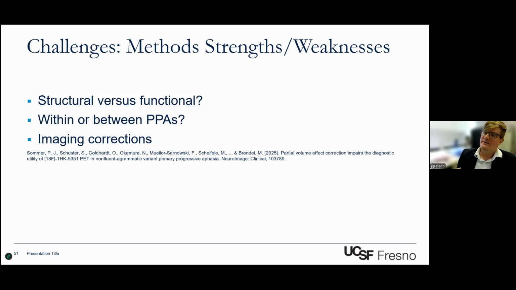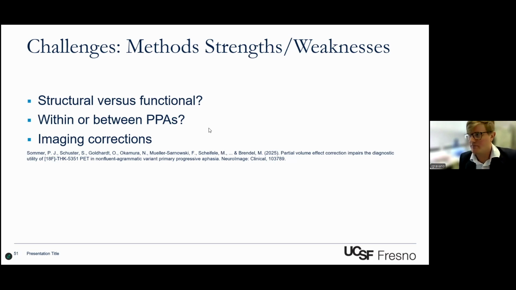Next is that within versus between challenge of primary progressive aphasias, which really means that, are you looking across all of them together and getting variants from that, or are you looking between them and isolating the syndromes and trying to look at differences between syndromes? So those methodological approaches have different implications for how you read the data.